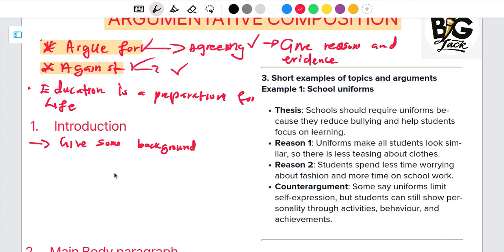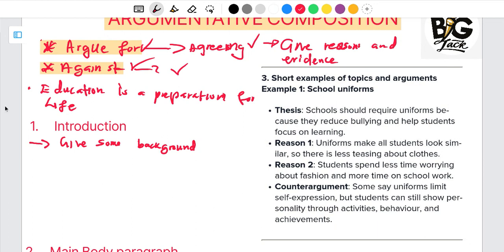Apart from giving some background, you need to make sure that you start your introduction with, like, I totally agree. That is when you are arguing for, or I totally disagree with the motion. In that way, it's going to help.